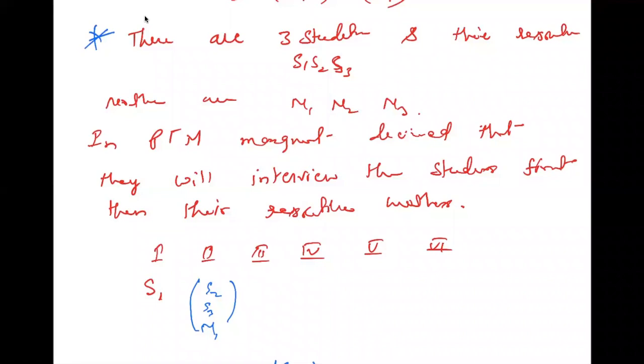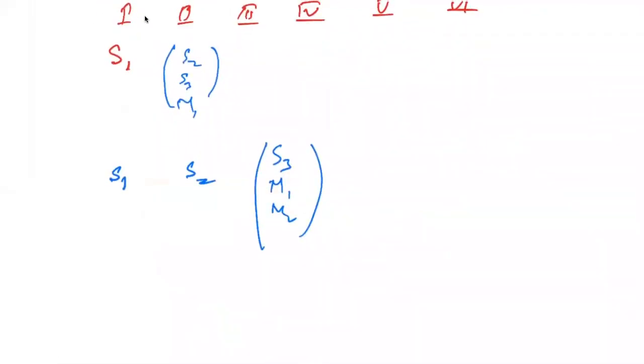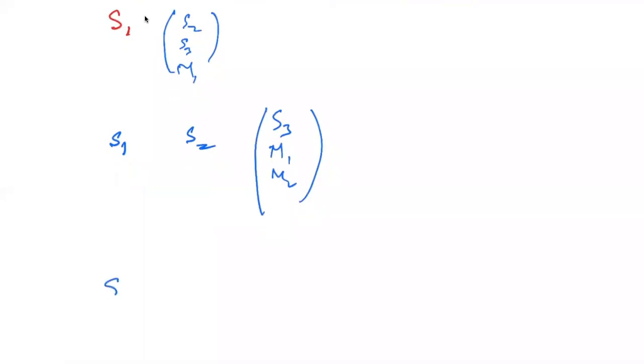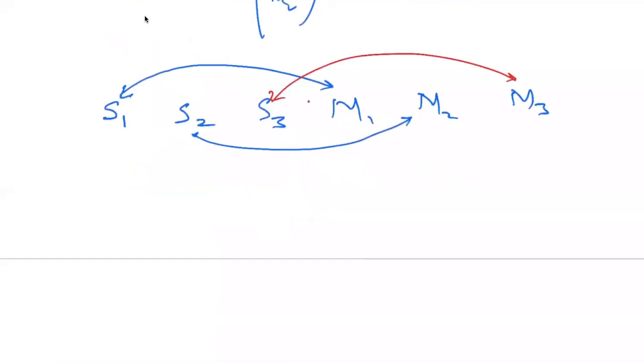So look into this. The restriction is there for students and mothers. Six positions are there: S1, S2, S3, M1, M2, M3. The restriction is on these two, on these two, and on these two. S1 has to come before M1.